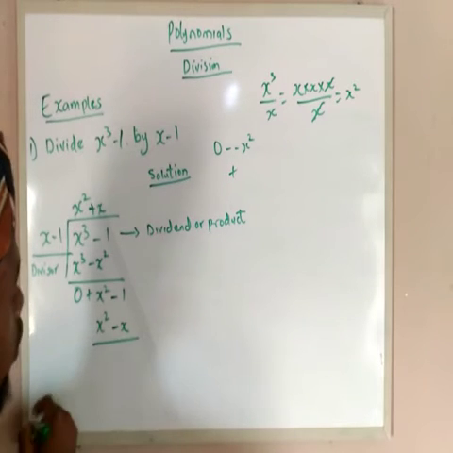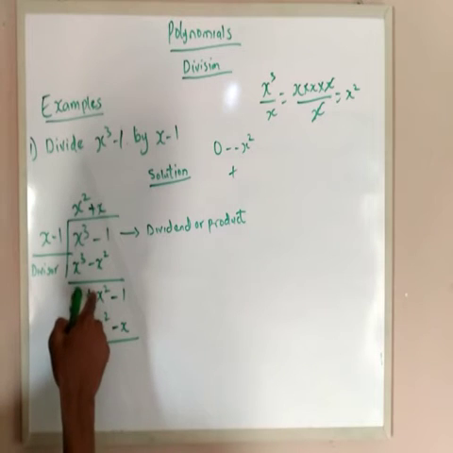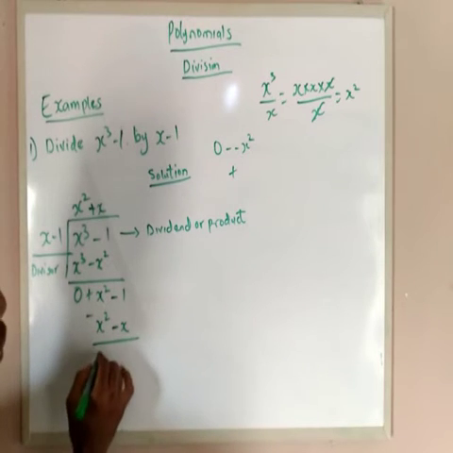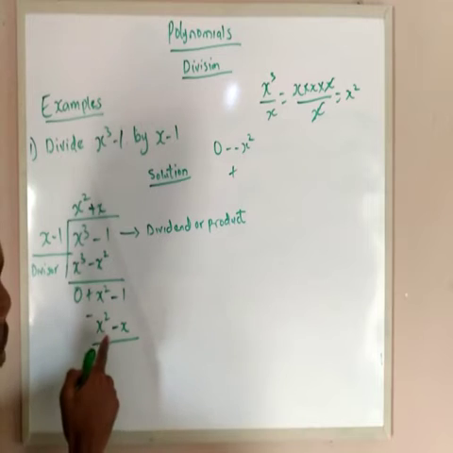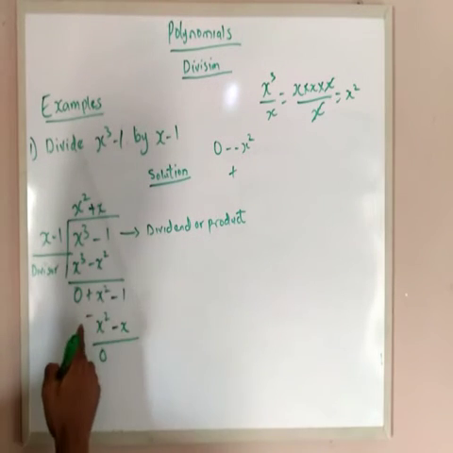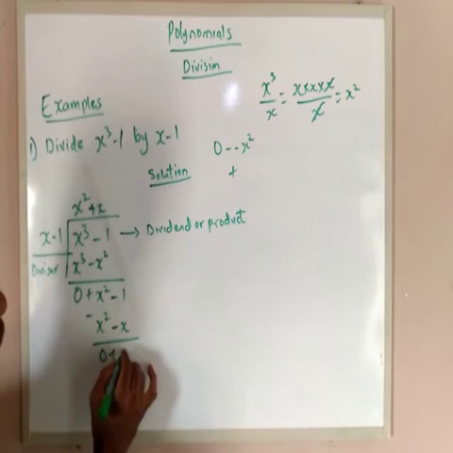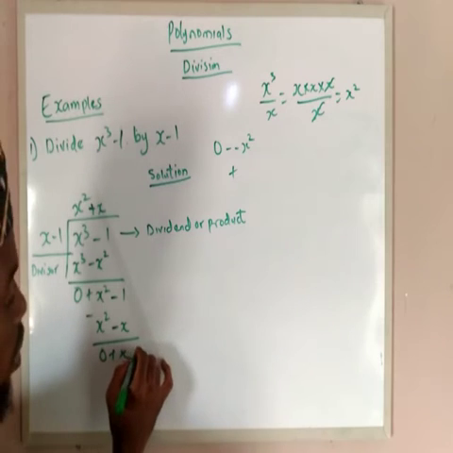We subtract it: x raised to power 2 minus x raised to power 2 gives us 0. There is no x here, so it's still the same thing as saying 0 minus x. That will give us plus x. And we have minus 1 here.